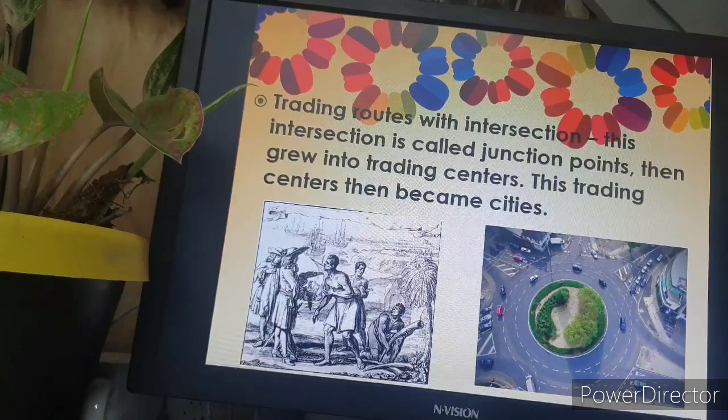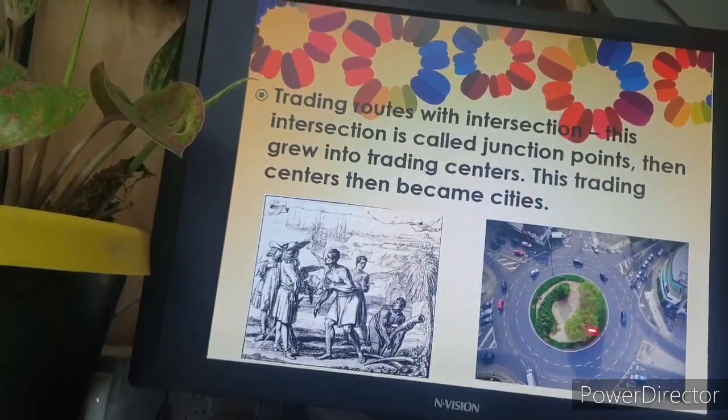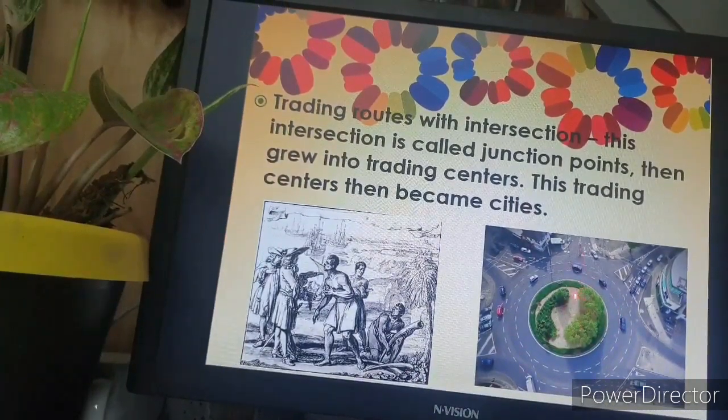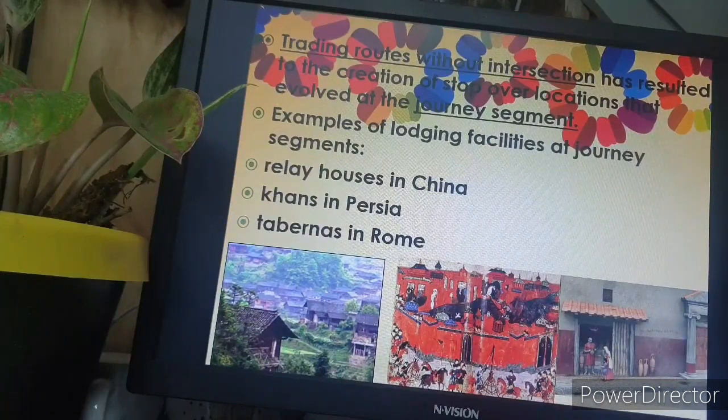They will barter, they will share the words of the gospel. That's why we have the word intersection, because they will interact here, then after that they will separate.